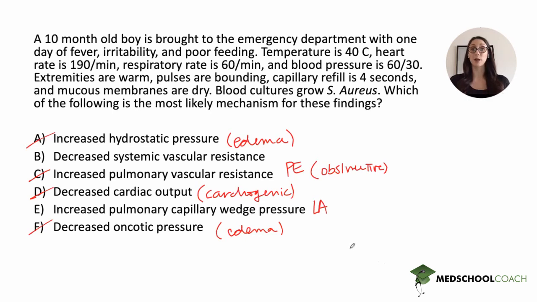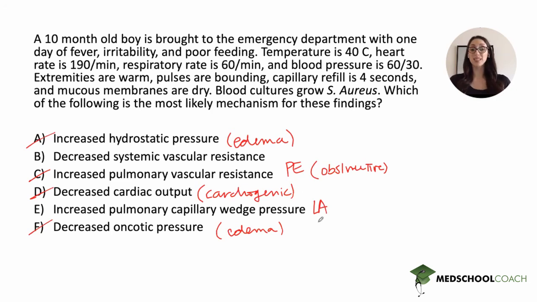So it actually backs up into the left atrium and then into the lungs, most likely. So when your wedge pressure is elevated, it tells us that there's a problem going on with the heart itself, in the left ventricle, and that the left ventricle is not able to pump that blood forward, and so it backs up into the left atrium and it elevates the pressures in the left atrium.